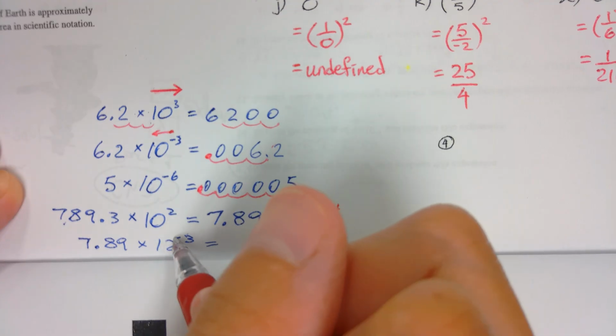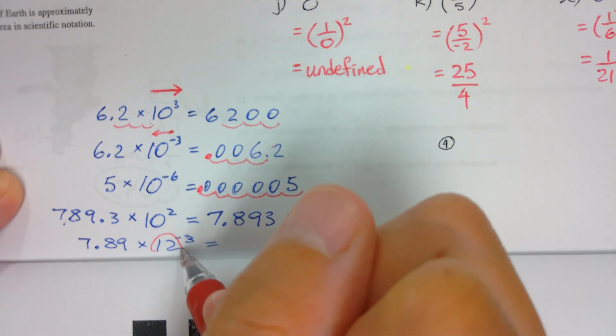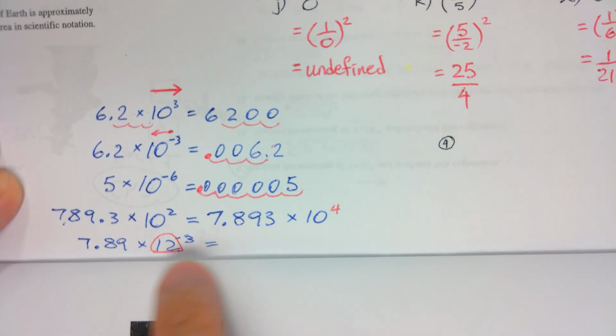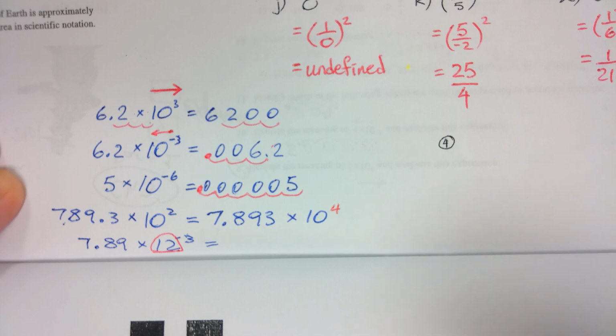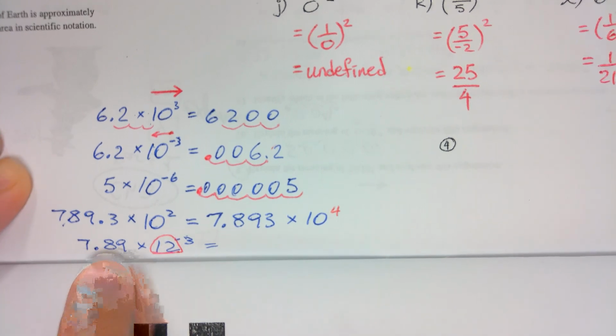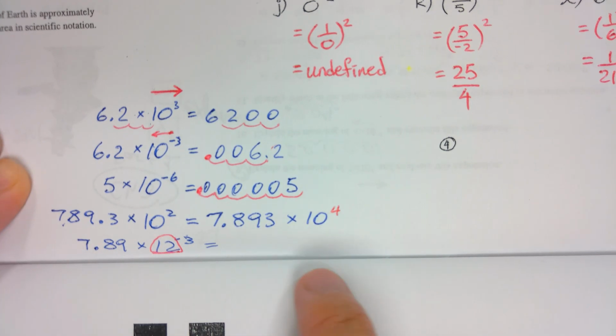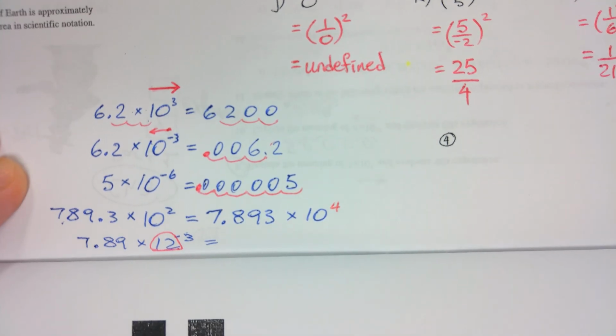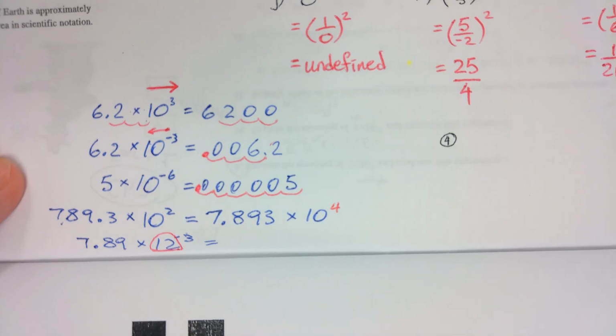Right, your base has to be base 10. So it can't be to the 12. It won't work. This is a whole different question. It's basically 7.89 times 1 over 12 times 1 over 12 times 1 over 12. So then it's not scientific notation.